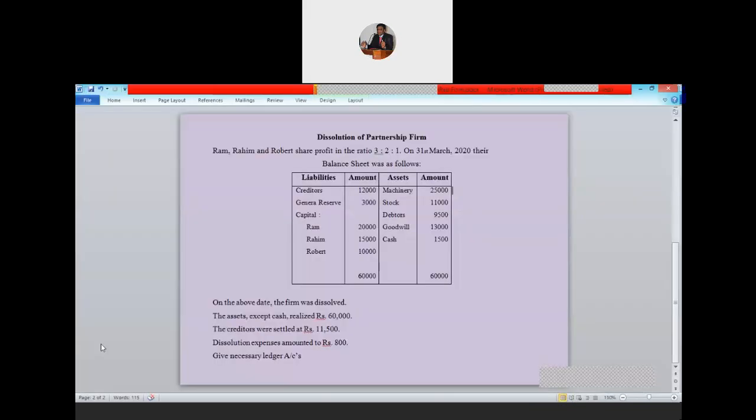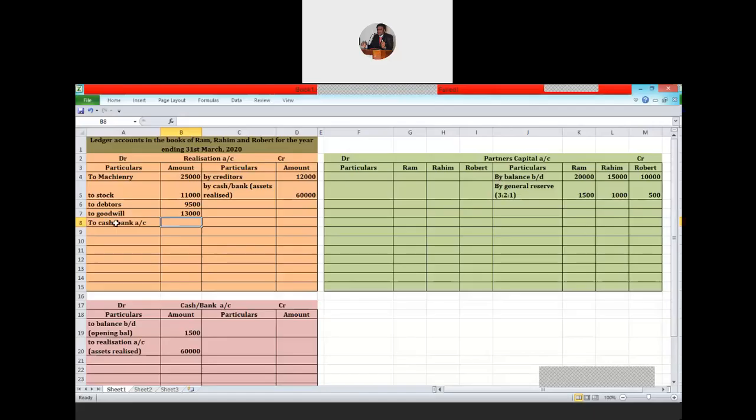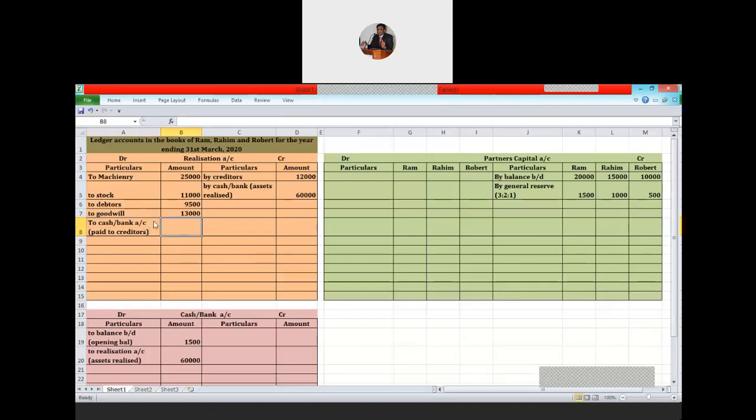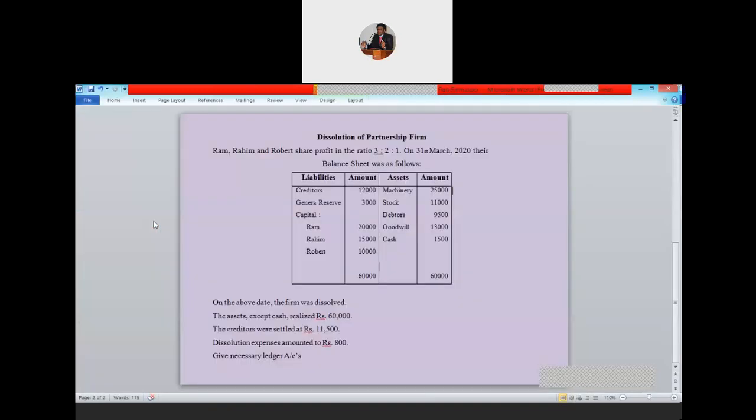Now settlement to the creditors 11,500. Entry on account of settlement to creditors is realization account debit to cash or bank account. Settlement, that is the amount paid to creditors 11,500.